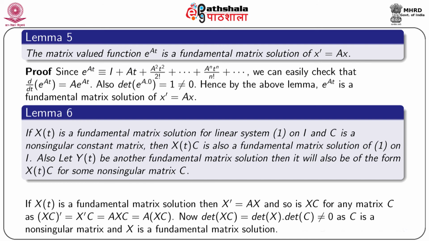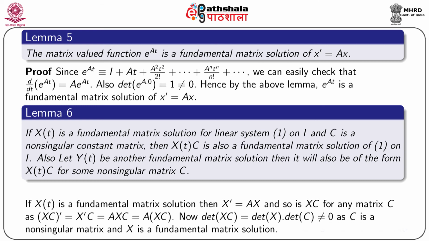And this can be easily checked that if you differentiate this side with respect to t, we get d by d t of e to the power A t, which is equal to A plus A square into 2 t by 2 factorial plus dot dot A to the power n into n t to the power n minus 1 by n factorial plus dot dot dot, and if you simplify this, it can be written in the form A times e to the power A t.